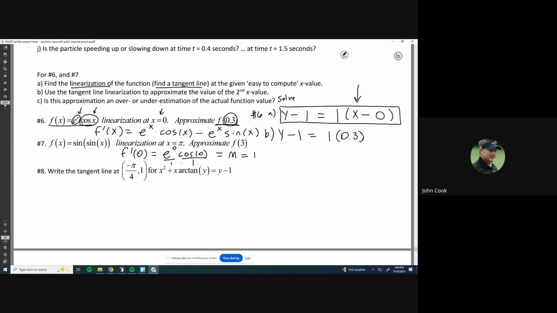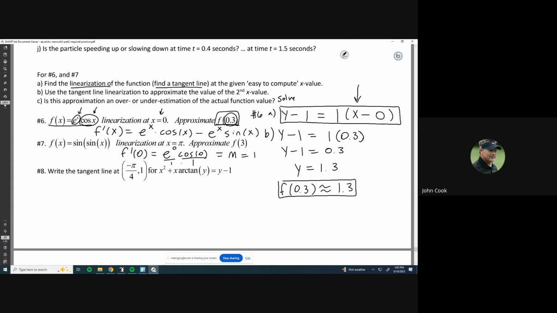Okay, so then we get y minus 1 is equal to 0.3. And if we add 1 to both sides, y is equal to 1.3. So this is going to be an approximation of f of 0.3. So we just write it out that way. F of 0.3 is approximately equal to 1.3. And that's our answer for part B.